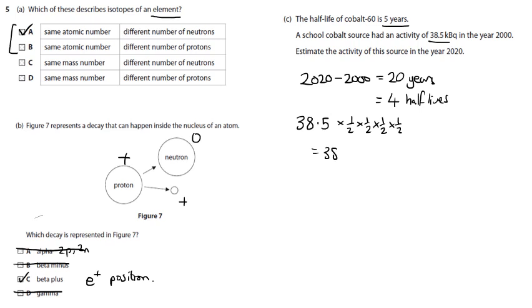Which is the same as 38.5 times 1 over 2 to the power of 4, or 38.5 times 1 over 16. So these are all different ways of writing it. Whichever way you write it, all you have to do is calculate that. So 38.5 halved, halved, halved, and halved again gives an answer of 2.4 kilobecquerels.